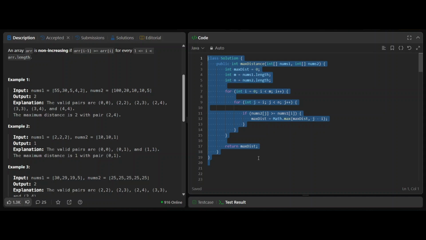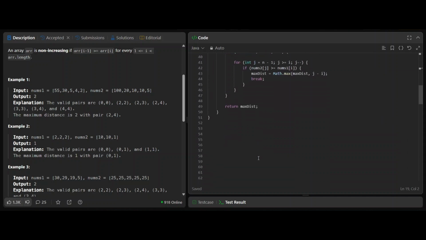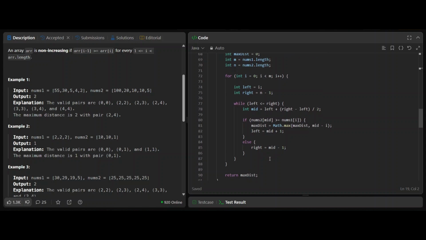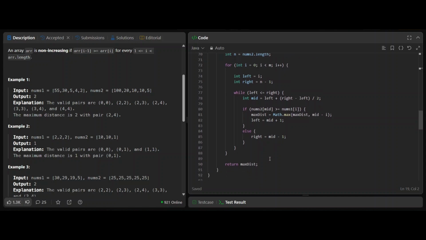Like literally very basic thing, and then step by step, why binary search, how we can think about it. I just did that, and that's what our motive is. So wait, okay, this is our solution.